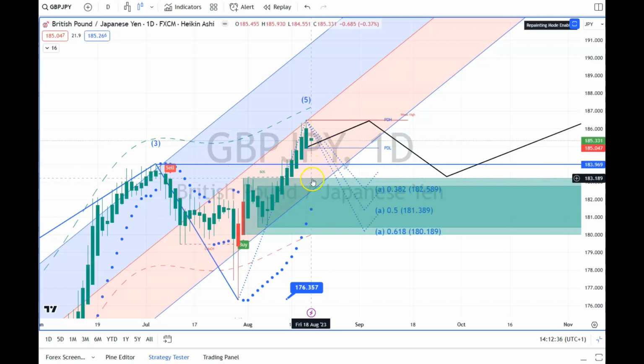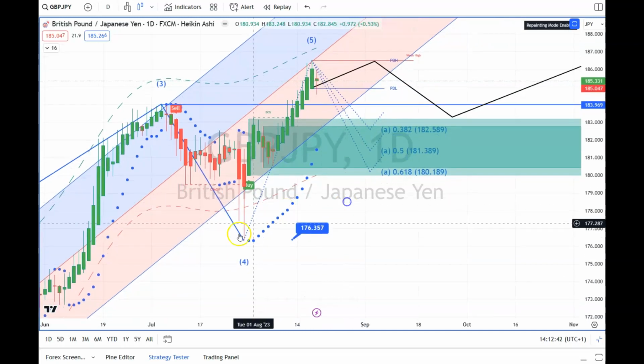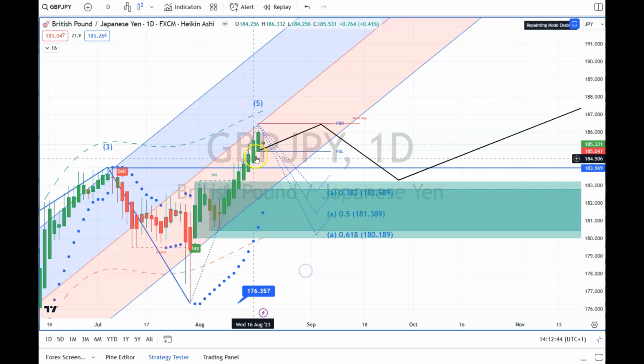What you're probably going to find is a wave 5 reversal potentially. The wave 4 is a far better entry. We're going to see this price probably move up to a double top here at 186.50, so 150 pips from where it is now, before it starts to make a move down into the wave 5.